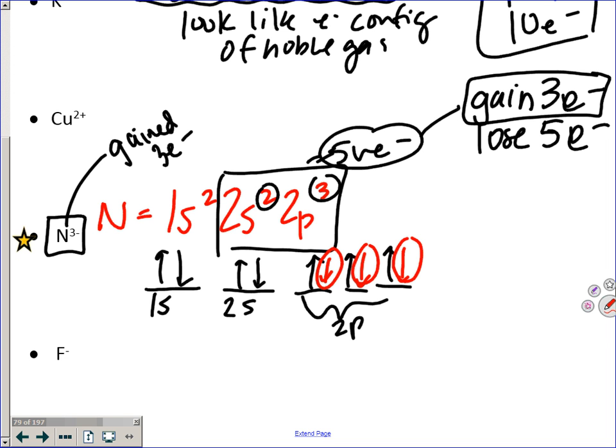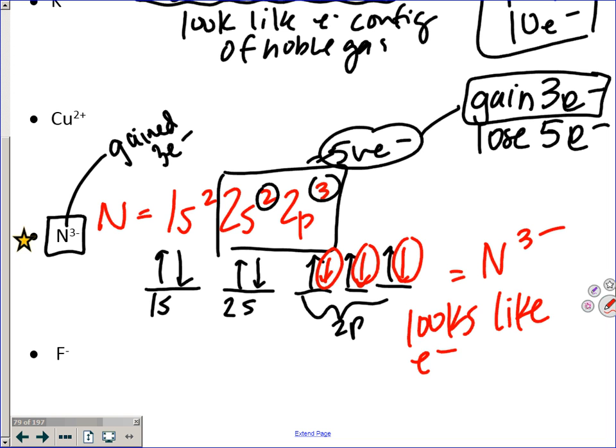And then once you circle them, you would say this is the electron configuration for nitrogen 3 minus, but who does it look like? Look where nitrogen is, bounce up 3 places. It looks like the electron configuration of neon, not because it's neon, right?